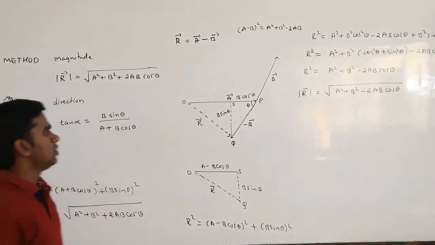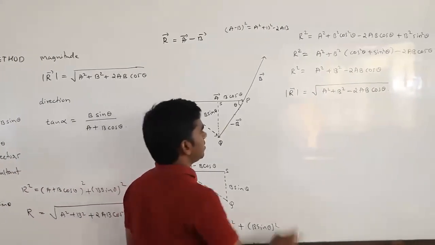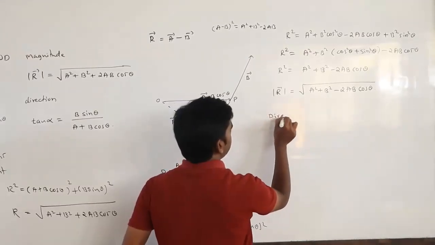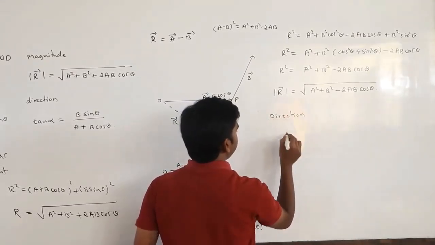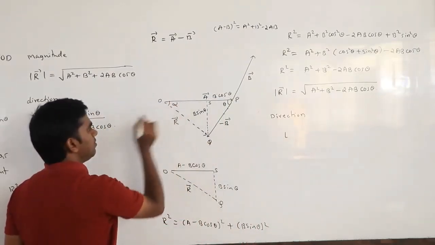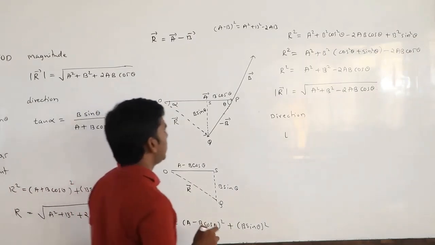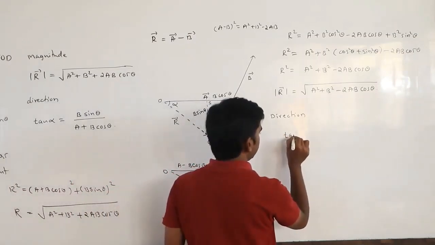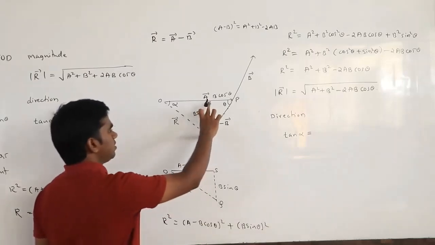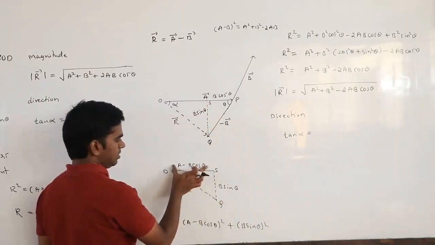Okay, so if that is the case, what about the direction? This is the magnitude. What about the direction? Similarly, for direction you have to take alpha. So tan alpha equals opposite divided by adjacent.